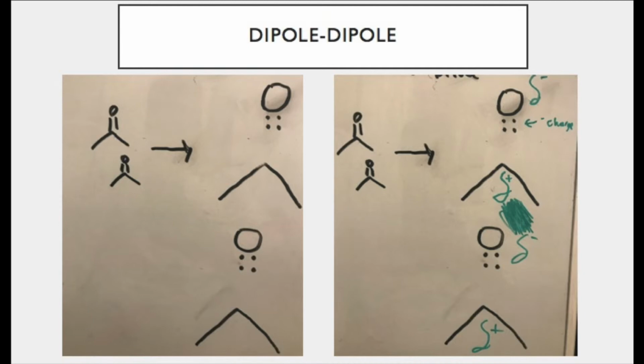Remember, polar covalent bond is an unequal sharing of electrons. So that's why on the image to the left, I brought those electrons a little bit closer up to the oxygen, right? Now, if we look over to the right, what do we know about electrons? They are negatively charged. If we're bringing something negative to the oxygen, it's going to get a partial negative charge, right? Therefore, the carbon is going to get a partial positive charge, right?